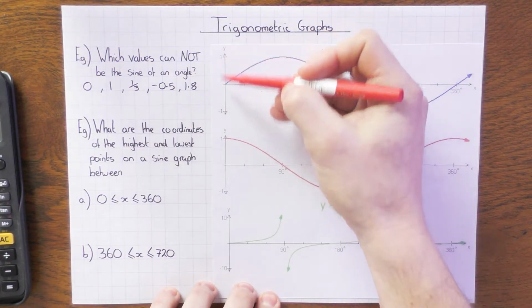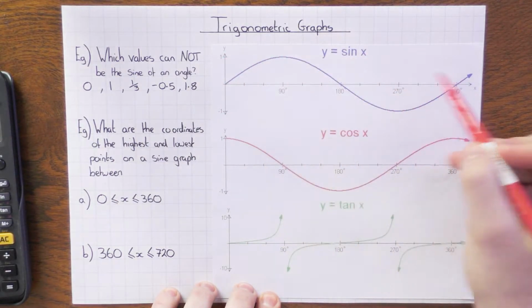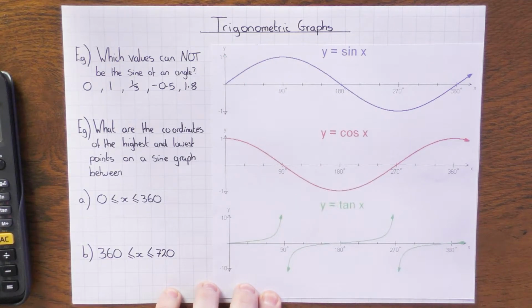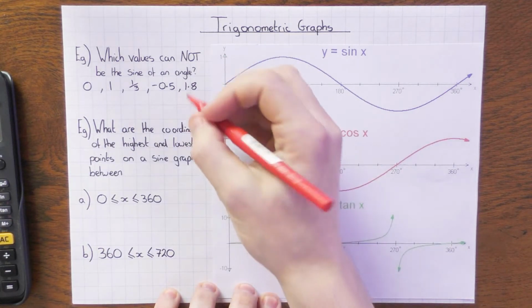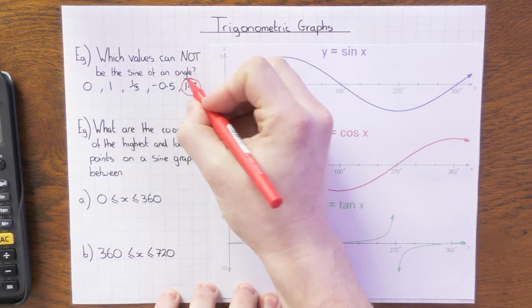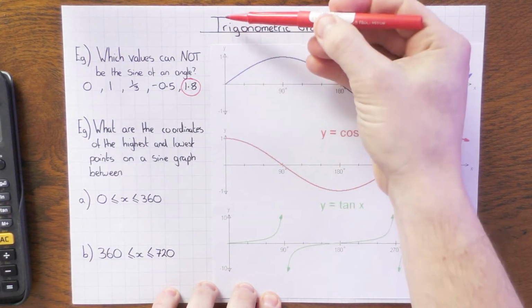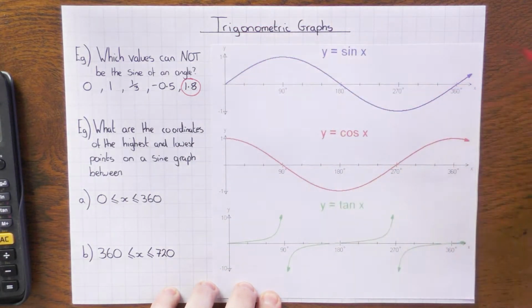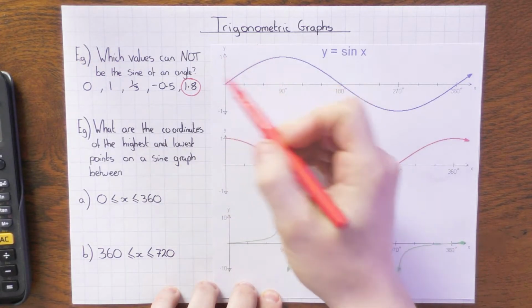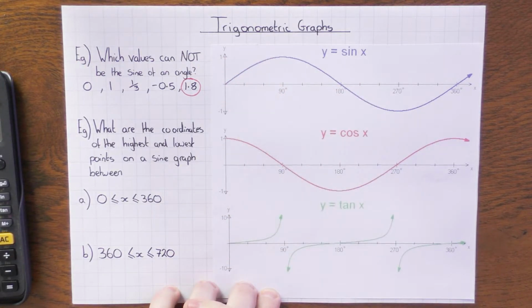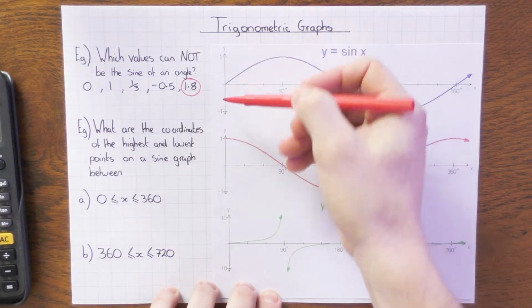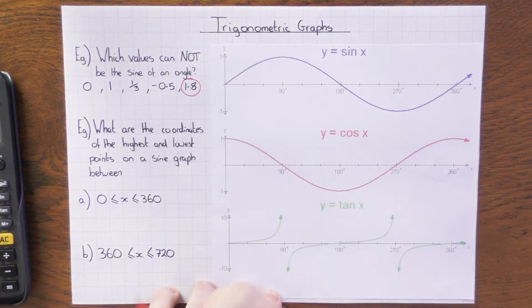If you remember, on our graph, our values are always between 1 and -1. So which one can it not be? It has to be 1.8, because 1.8 is somewhere up here, and therefore it's off the scale. It definitely won't be a point that we can get from an angle. Always between 1 and -1, so 1.8 is out.